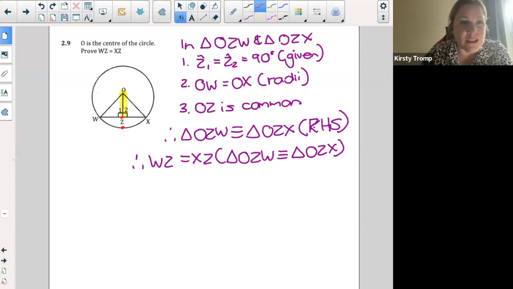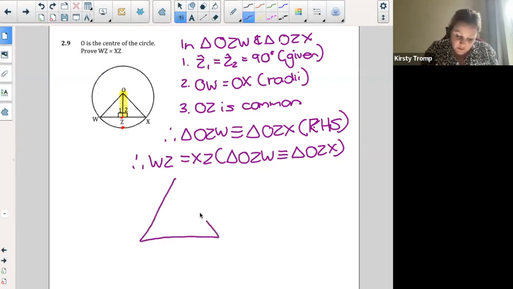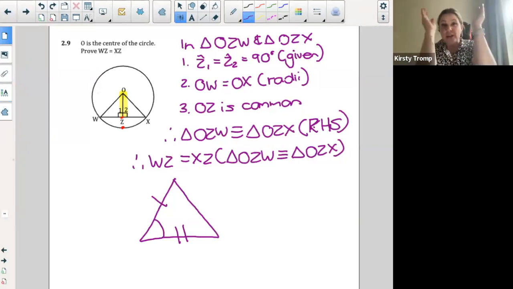Diswa, you're asking me, can I explain RHS? You're a bit confused how it differs from SAS. So remember, for SAS, I'm going to draw it here for you again. You'll have a triangle that looks like this, and the angle must be what we call included. It's almost like you've got the two arms that are equal, and those arms are hugging that angle.